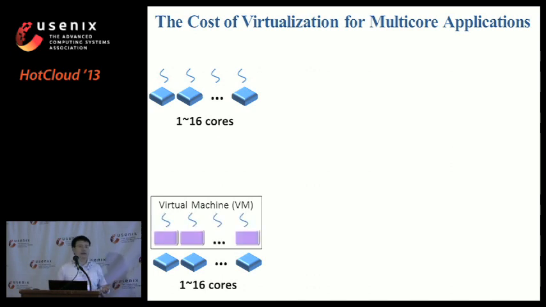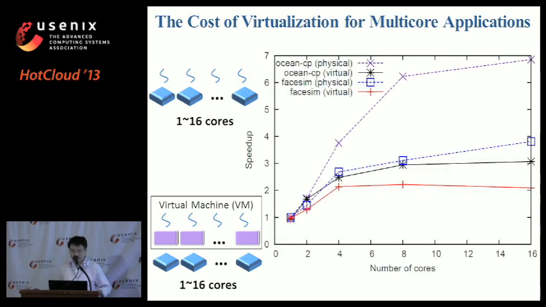Then we compare their performance. In the experiment, we keep the number of virtual cores the same as physical cores. On the right of the slide, in this figure, I show the performance comparison for two representative benchmarks.